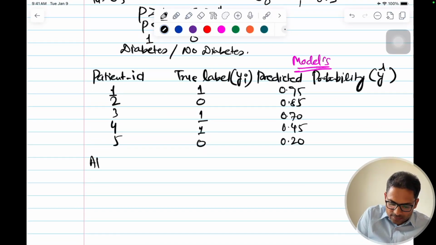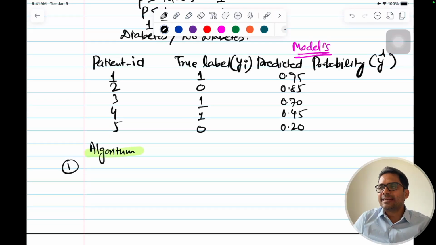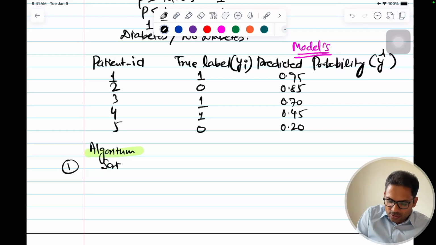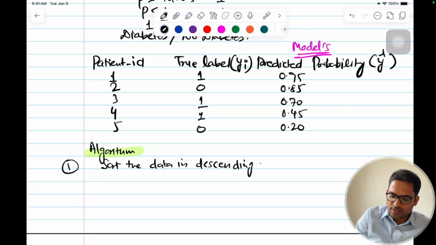The algorithm here is: first, sort the data in descending order of probability score, from largest to smallest, with respect to your model's probability score.